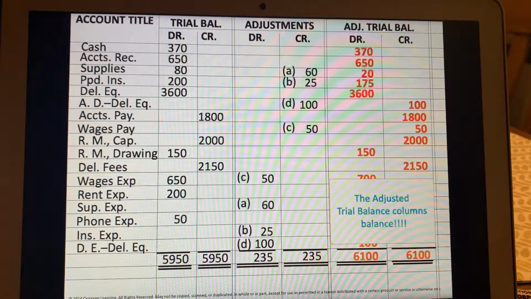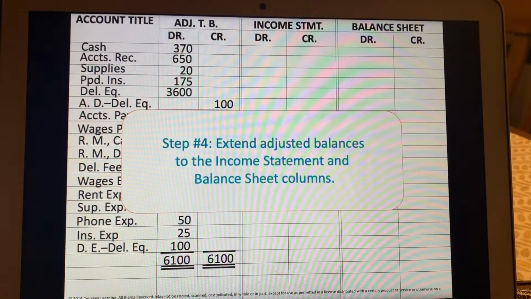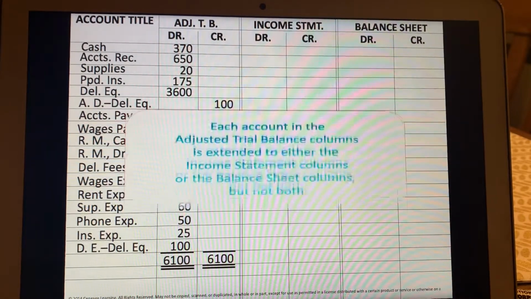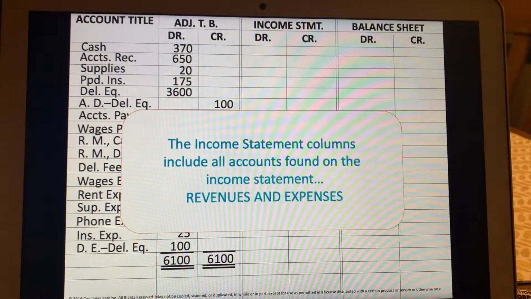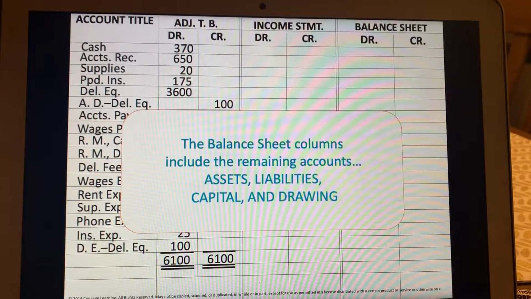Step 4, extend adjusted balances to the income statement and balance sheet. Okay, each account in the adjusted trial balance column is extended to either the income statement columns or the balance sheet columns. So again, the income statement gets our revenues and expenses; the balance sheet gets assets and liabilities, and capital and drawings.